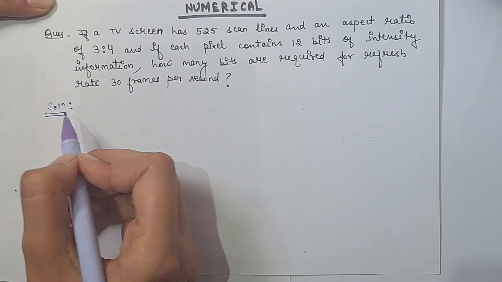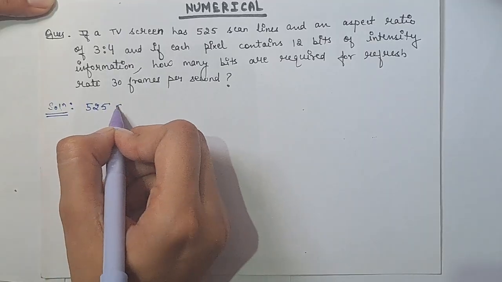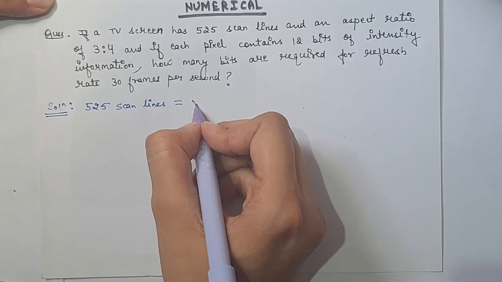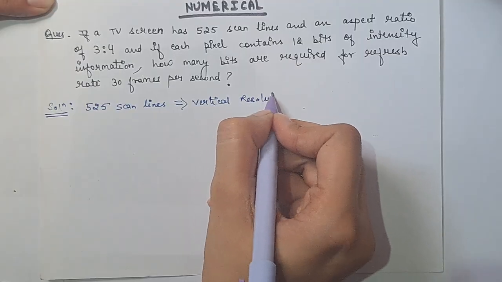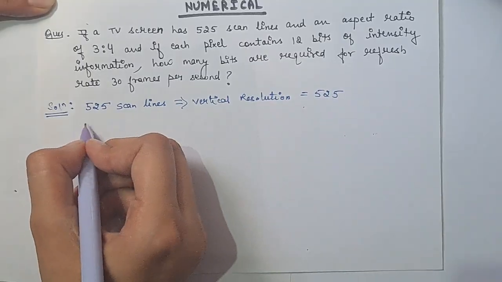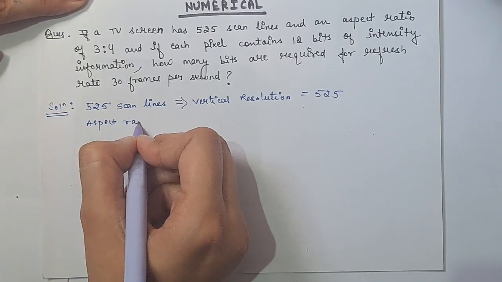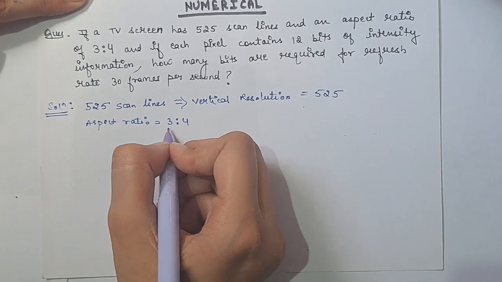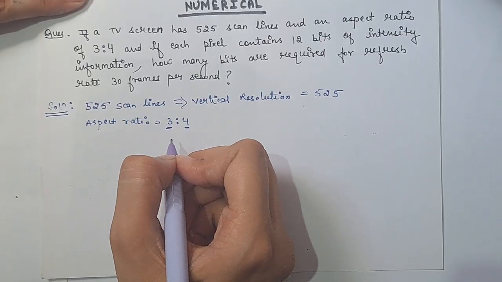First of all, we will go towards what we are being given. We are given 525 scan lines. Notice this, the scan line here refers to the vertical resolution. So vertical resolution is given to us, which is 525. Also the aspect ratio, which is 3:4, which means we can write that in aspect ratio this is horizontal resolution and this is vertical resolution.